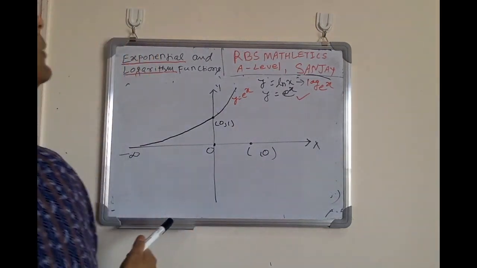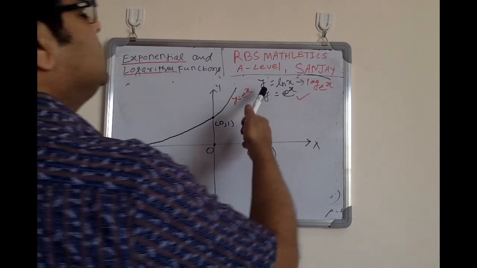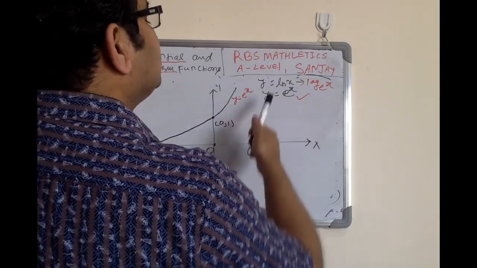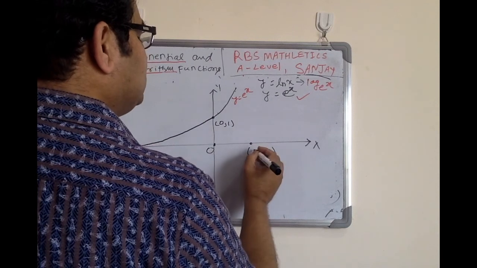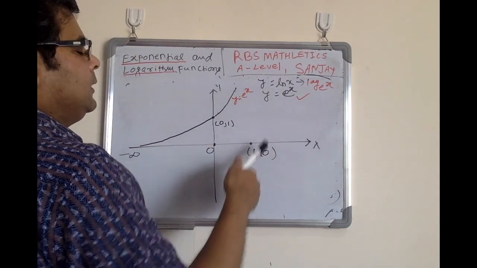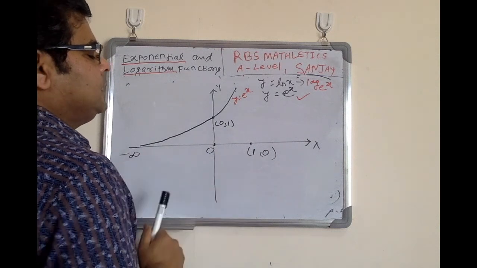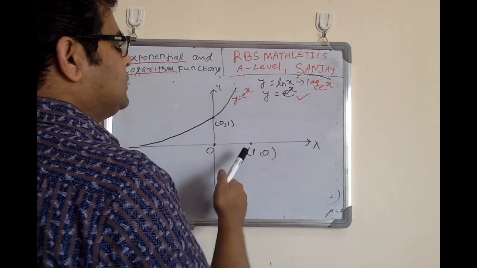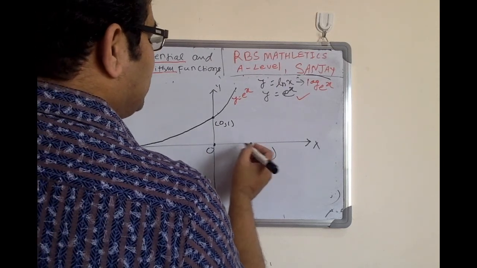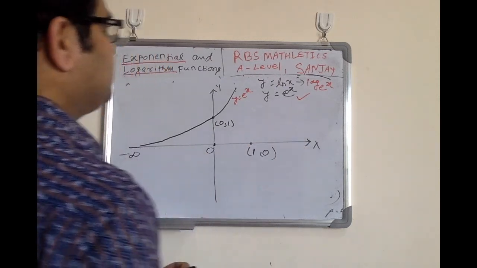So when your y value is 0, if you calculate the value of x, that is going to be 1. And also, if you put ln 1, your value is going to be 0. That means in that way also you can find this point on the x-axis.